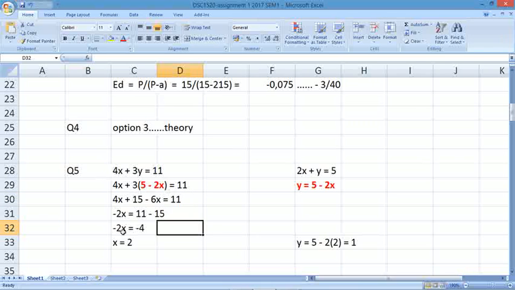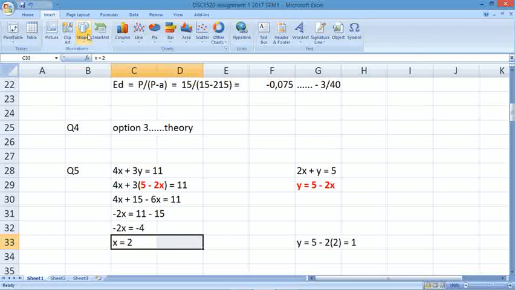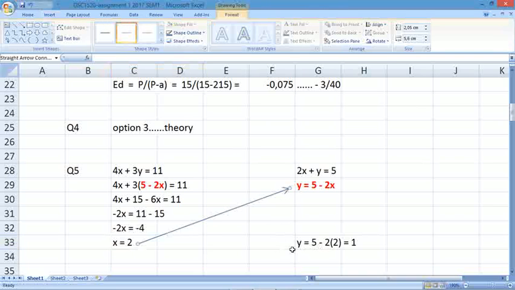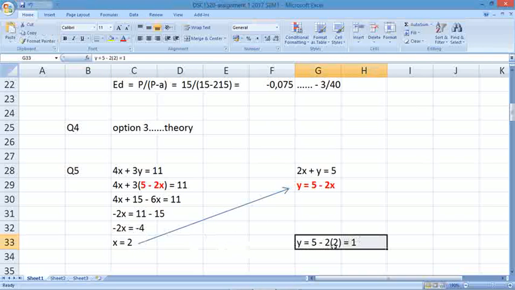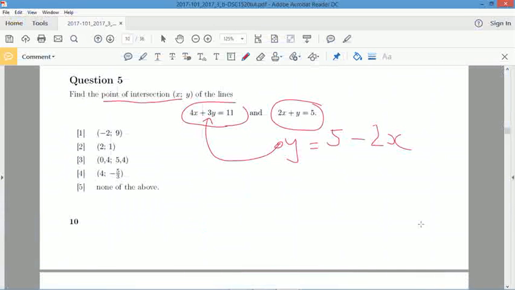If I then solve and eliminate the y, I get an answer of x equals 2. If x equals 2, I then have to substitute back into any equation with y to solve for y. X was 2, so if I put x in there, I'm going to get 4. So 5 minus 4 is 1. So x is 2 and y is 1.